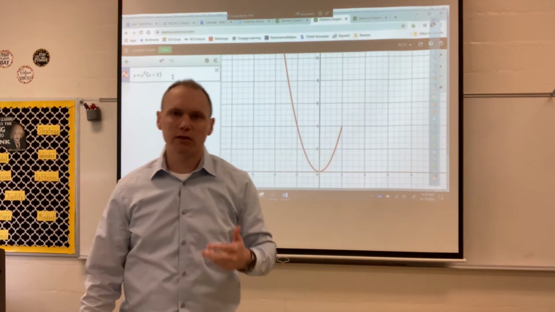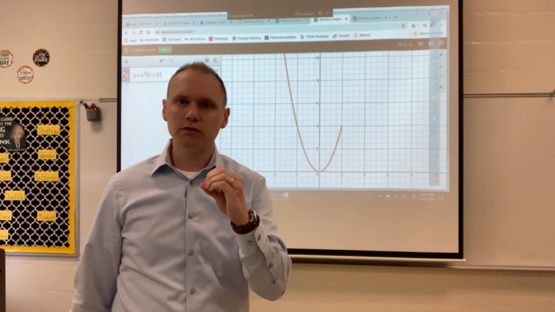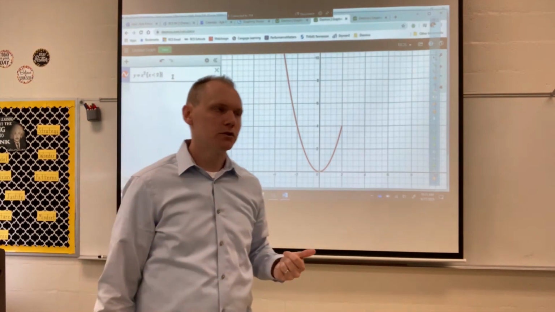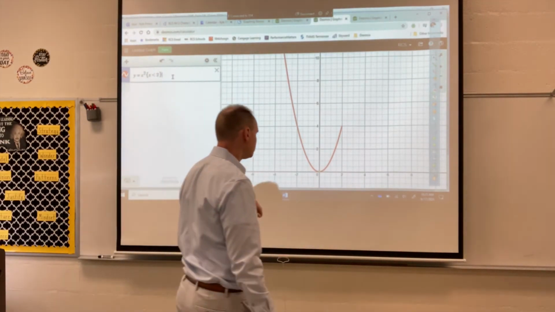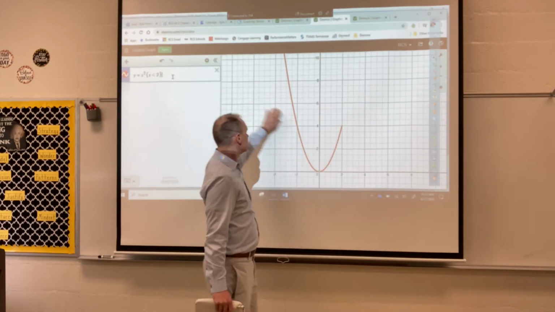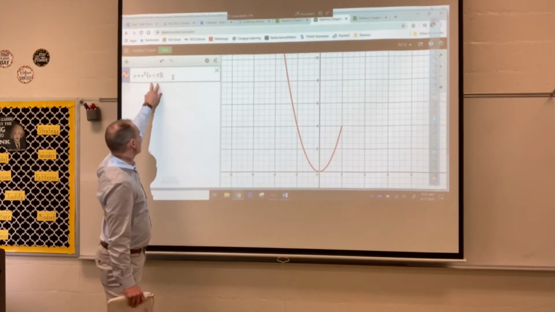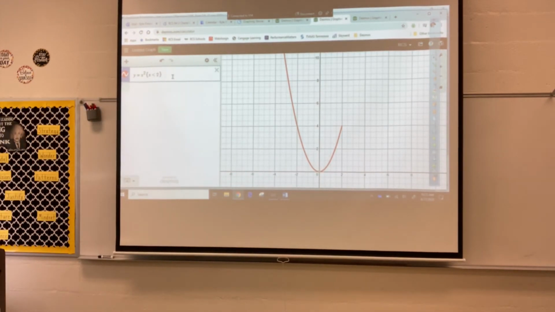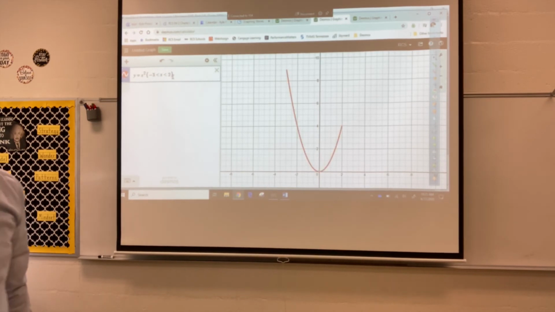Now in Desmos and other calculators, the filled in circle and the open circle don't naturally show up, so you have to do that yourself. But that's how we manipulate it in Desmos. If you want to have it restricted on both ends, you can do x is less than 2 but greater than -3 or something like that.